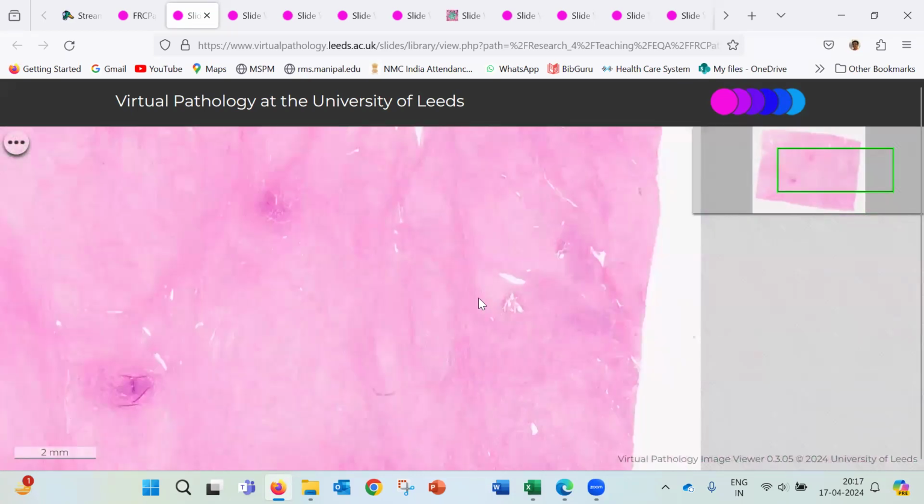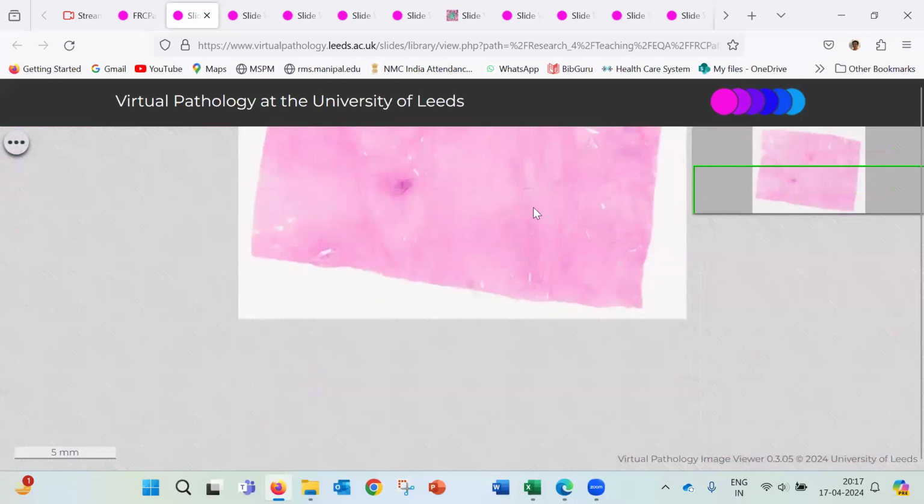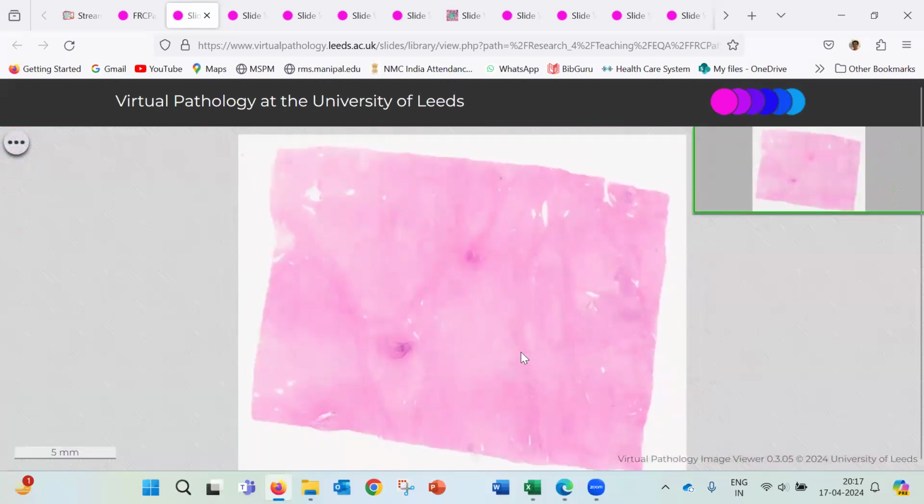And you say that I will examine the other part of the section to rule out any possibility of malignant SFT. Once it is ruled out, it indicates that there is a very minimal chance of any recurrence.